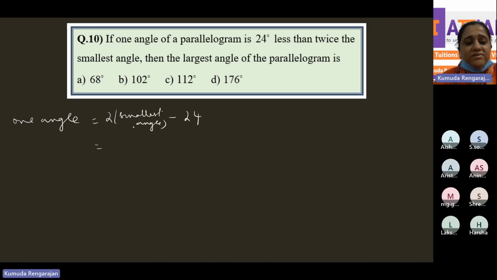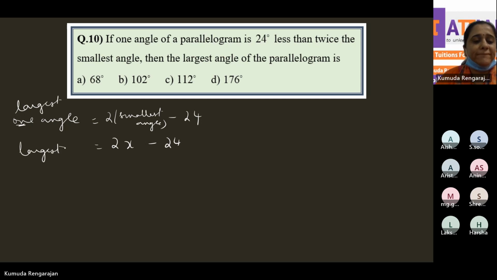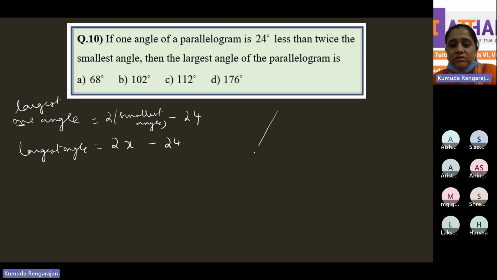So if you call the smallest angle x, let the smallest angle be x. Then the other angle, the largest angle, is 2x minus 24. So see here, one angle is x.